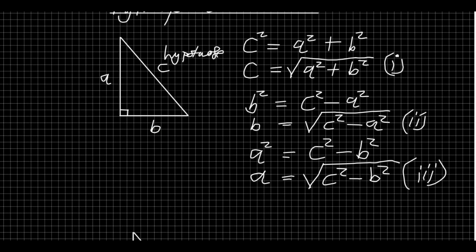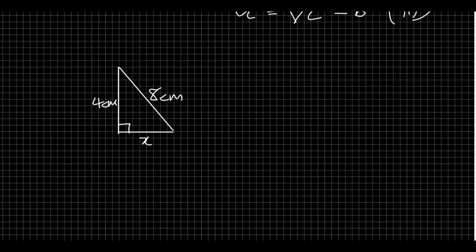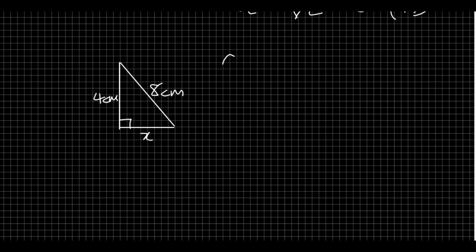So referring to that triangle, it's quite clear that C squared is 8 centimeters. We use our Pythagoras theorem, which states that side C squared is equal to side B squared plus side A squared.